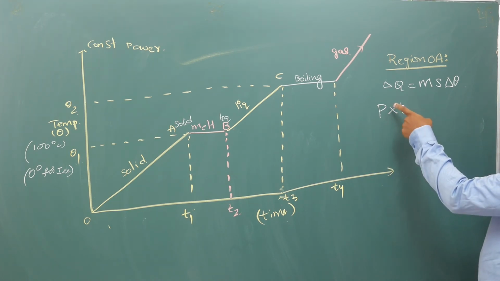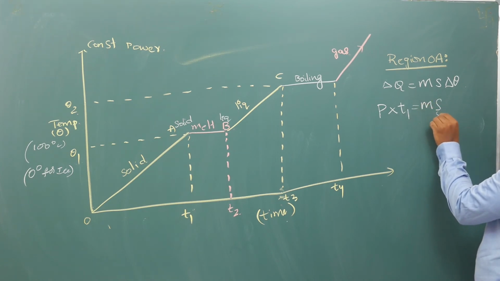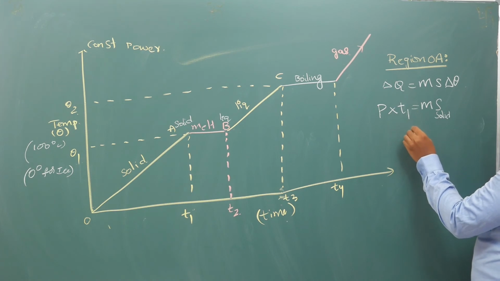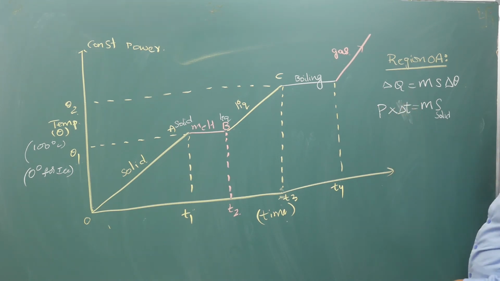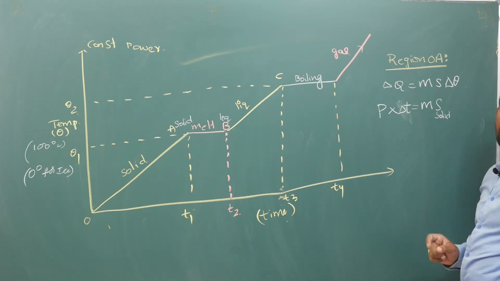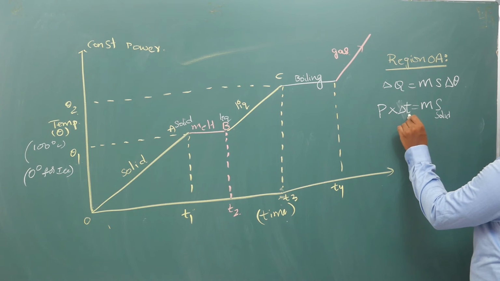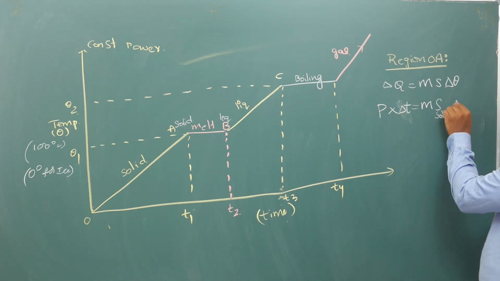So P times T1, in fact T1 minus 0, that is P times T1, because energy is power into time, that is equal to m into specific heat of solid into delta theta. For clarity sake, I will write delta T. Here it is T1 minus 0 if it starts from 0; if it is starting from some other time, it is delta T. So power into delta T is equal to m into s into delta theta.